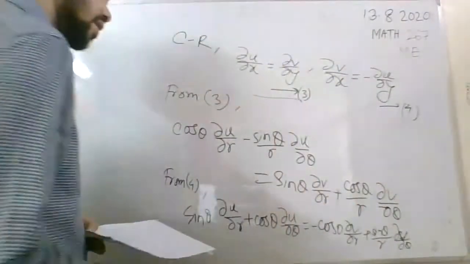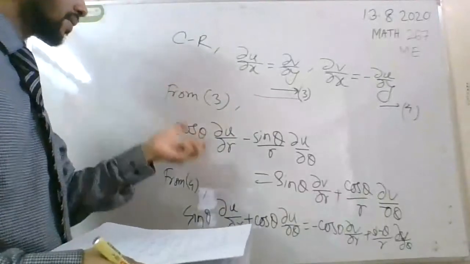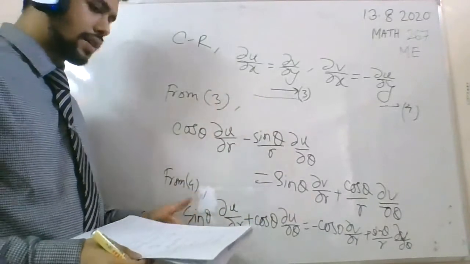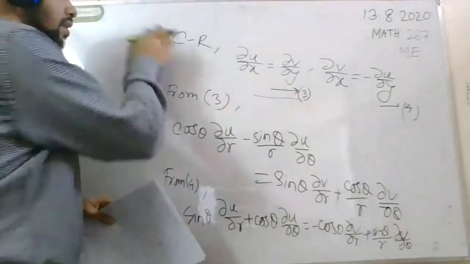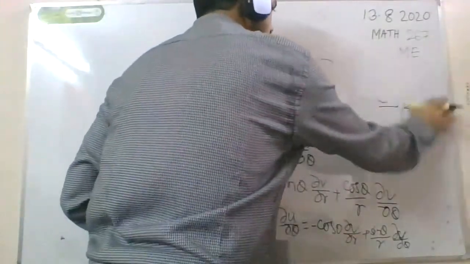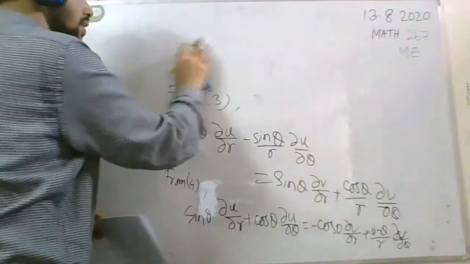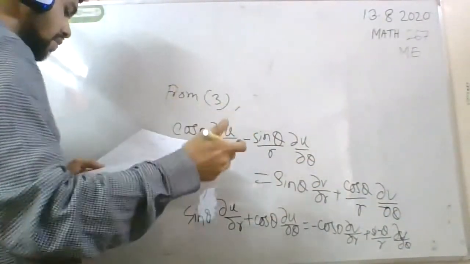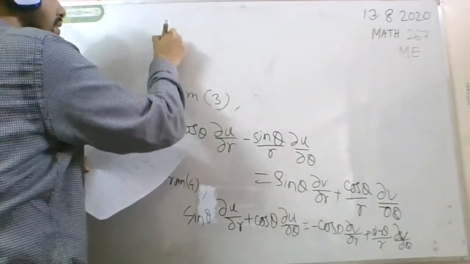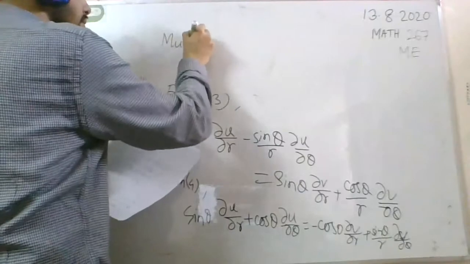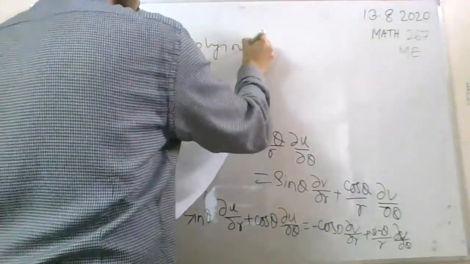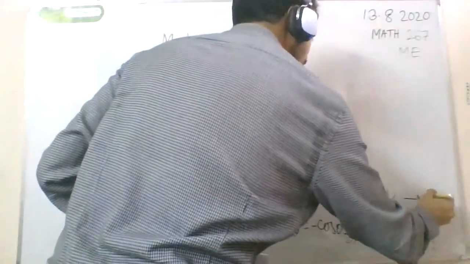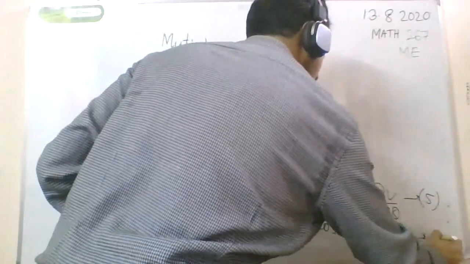So we can get these two equations from equations 3 and 4, and after that we have to do some operations for finding the polar form of the Cauchy-Riemann equation. At first, multiply. Let it be 5 and this is 6.